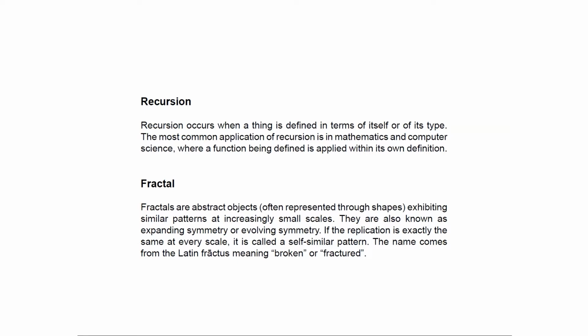Fractals are abstract objects. We often represent them as shapes or images, even though in some sense they're more abstract than that. They are abstract objects which exhibit self-similarity at increasingly small scales. It is also known as expanding or evolving symmetry. As you know, we can talk about symmetry of objects.